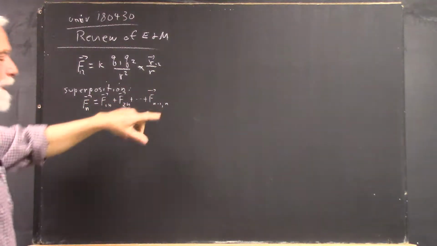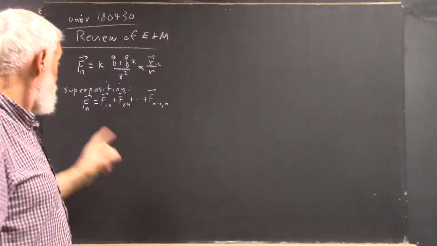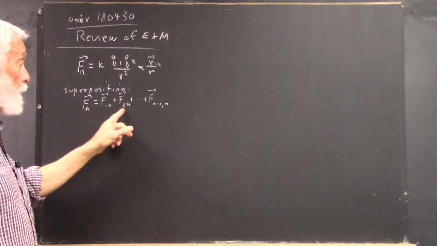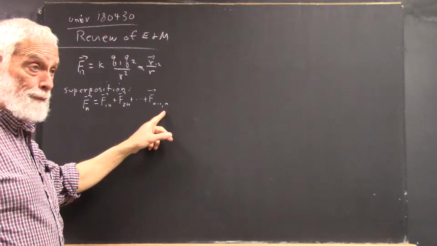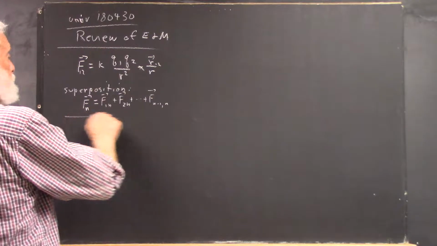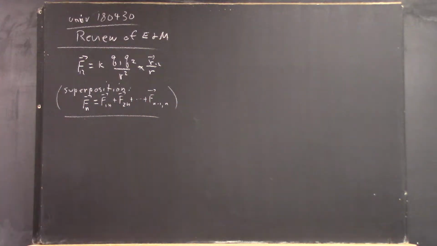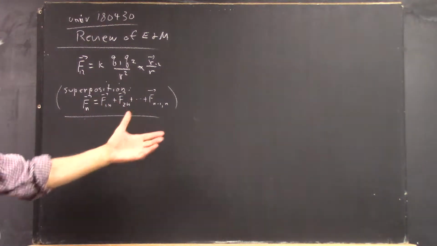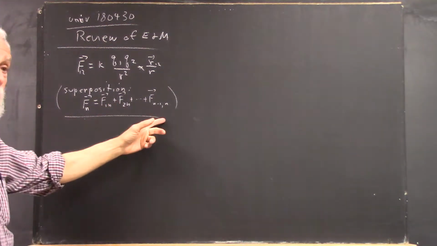All this is saying is that if you have a bunch of charges, the force on one of them is the sum of the forces exerted on it by all the others. And that's superposition. And of course, if you have a charge distribution, then this becomes an integral.